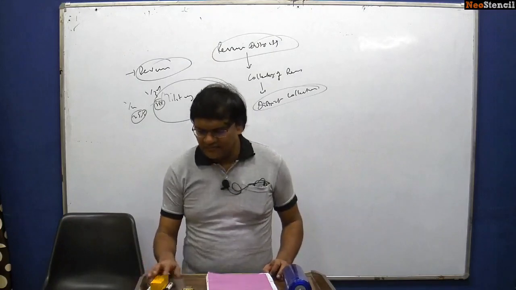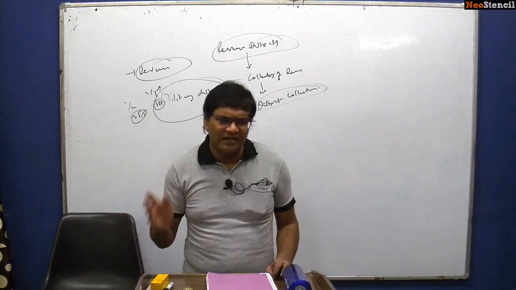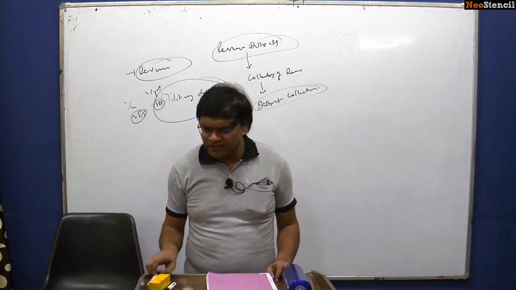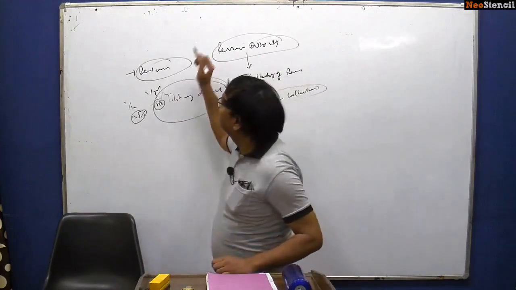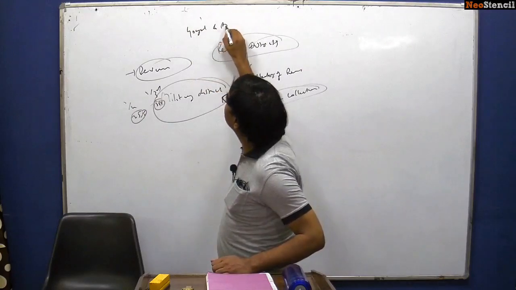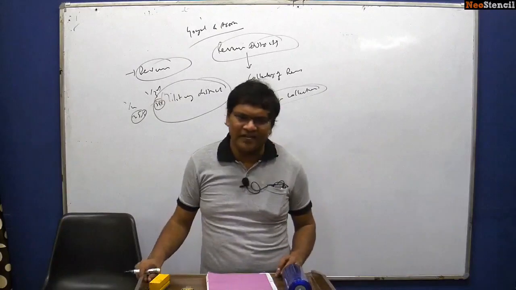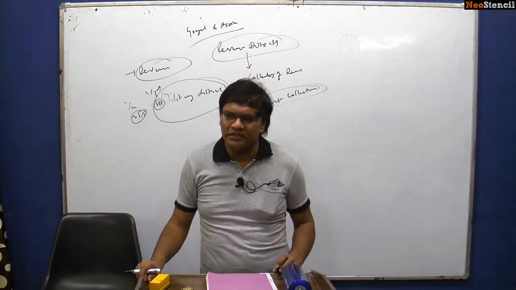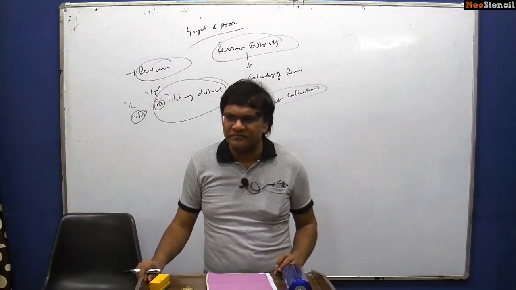And for whatever we have discussed today, the basic study material is the book Indian Administration by Rajni Goyal and Arora. You have to study this for both your public administration as well as polity and governance papers. The most important book, Indian Public Administration by Rajni Goyal and Arora.